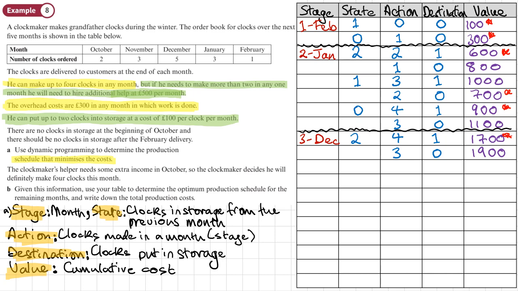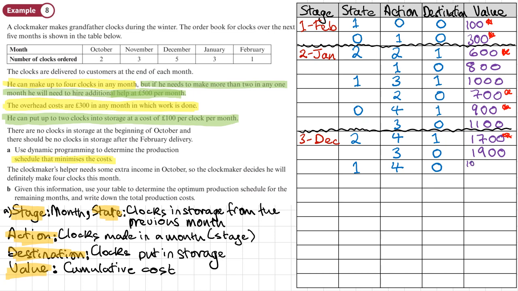The next state we're going to look at is if we have 1 in storage from the previous month. Now to meet December's demand, I need to make 4. Now I can't make any more than 4, and I can't make any less than 4. So for this state, this is the only action that I can take that will meet December's demand, but I won't have any to put into storage. I've got no options if that's the case, if only one has been made in the previous month. So I have the storage cost of that one clock, which is going to be 100, plus making 4.